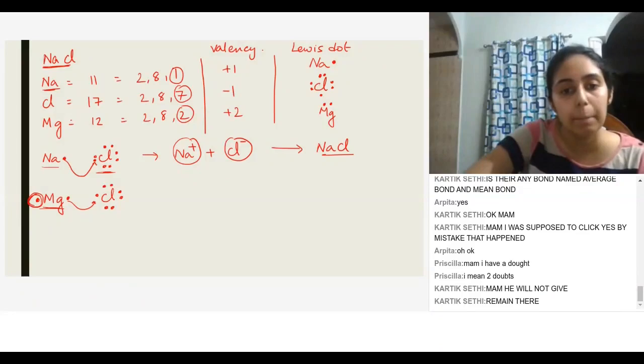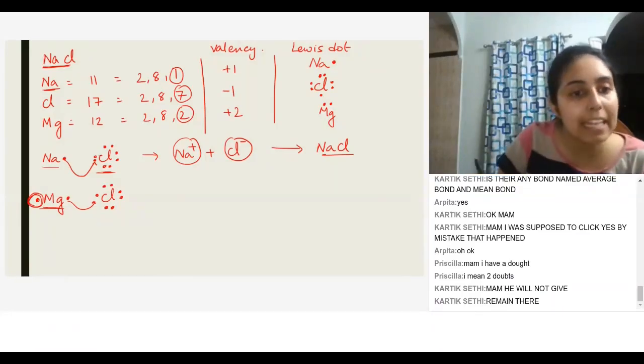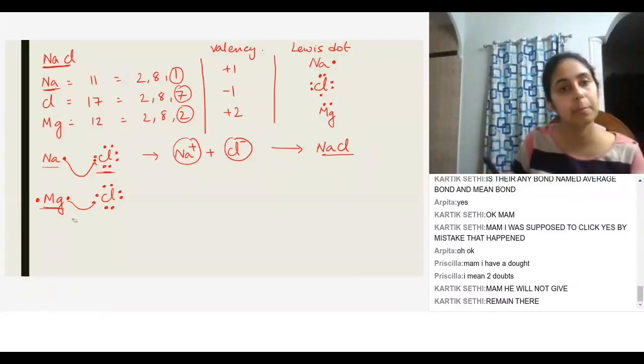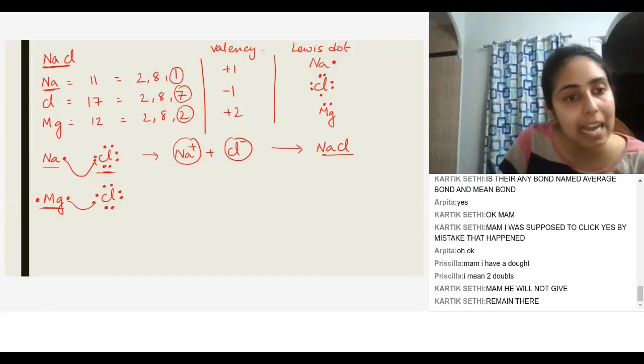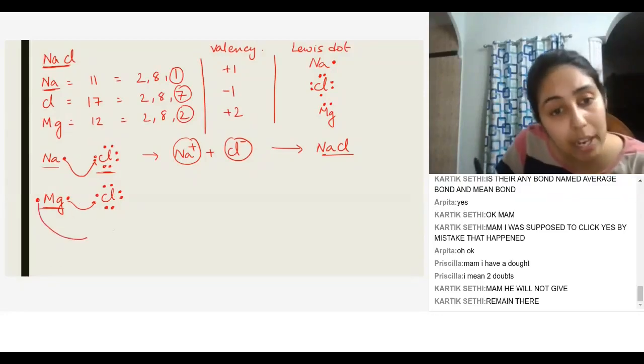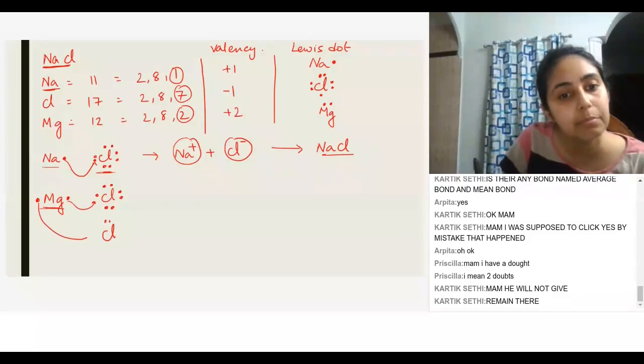So Bhavya, magnesium has 2 electrons in its outermost shell. One electron is going to this chlorine atom. The other electron will go to one more chlorine atom, so 2 chlorine atoms will come.